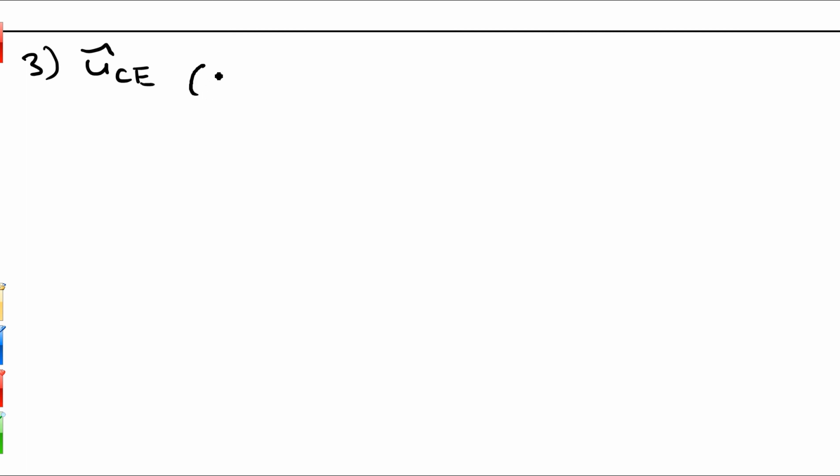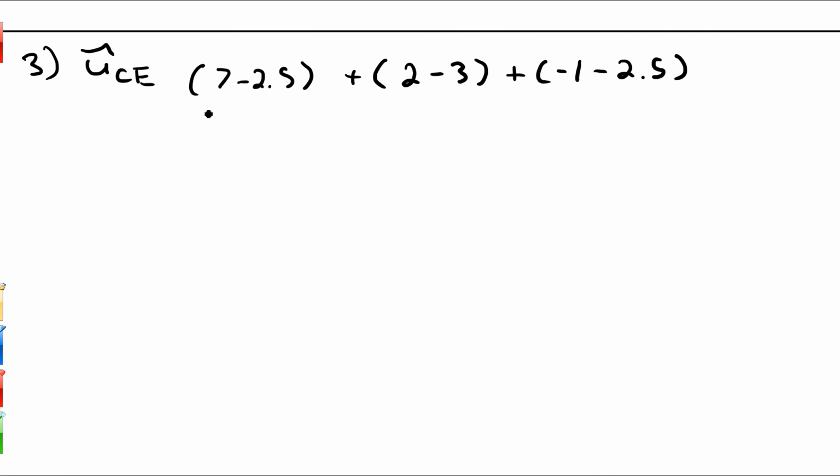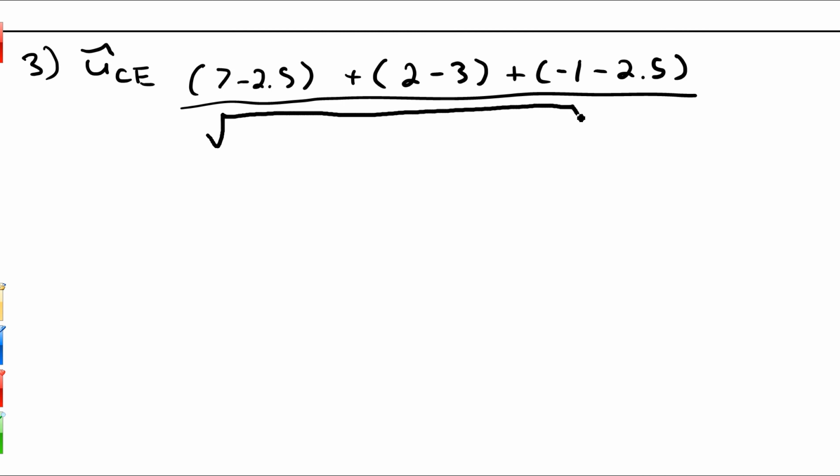So we have a 7 minus 2.5, plus a 2 minus a 3, plus a negative 1 minus a 2.5, and all that is going to be over the resultant, or the square root sum of squares of all of these.